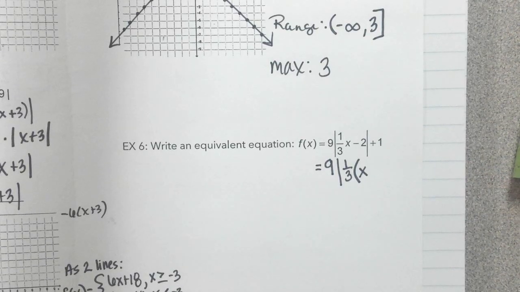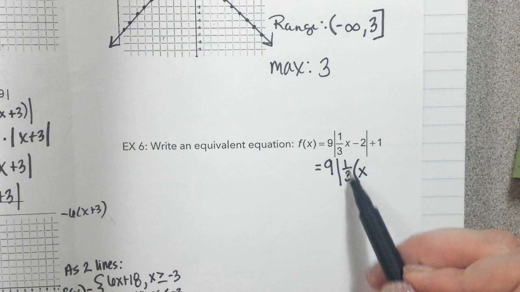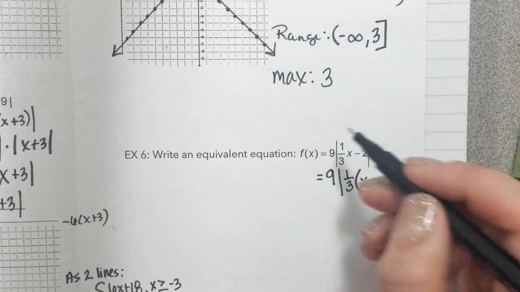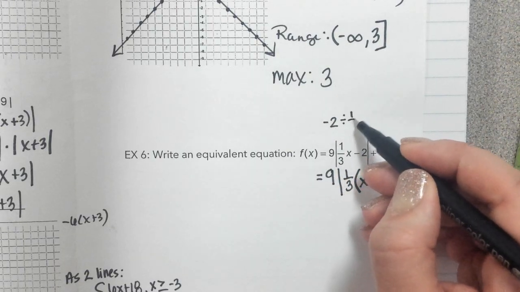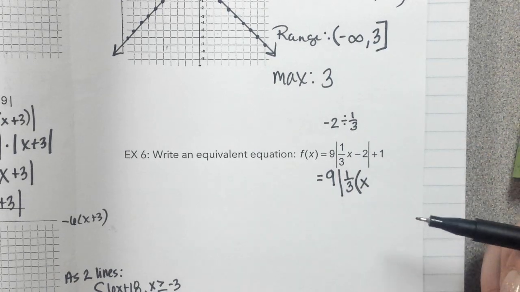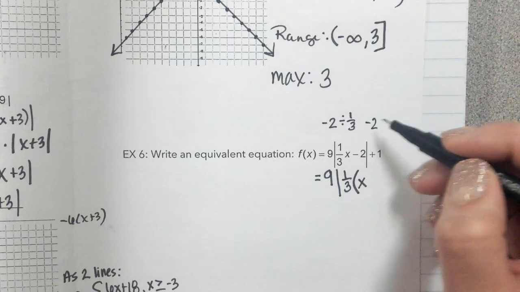Now here's the tricky part. Negative 2 divided by 1/3. Negative 6. Because how do you divide fractions?